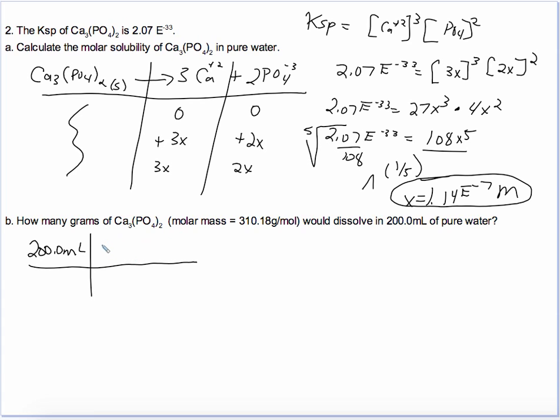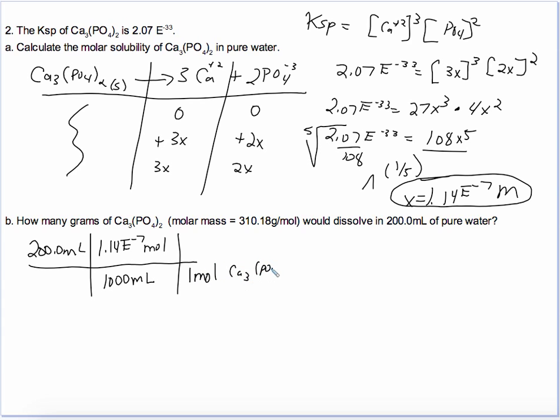Well, if we have 200 milliliters of water, we know that the maximum molarity is 1.14 e to the minus 7 moles over 1,000 milliliters. I'm just putting the molarity, breaking it into its components.